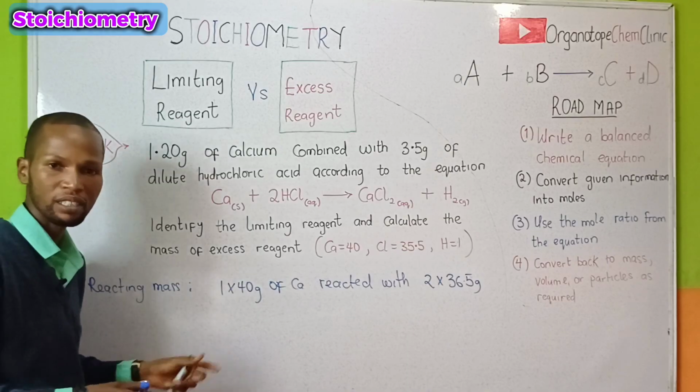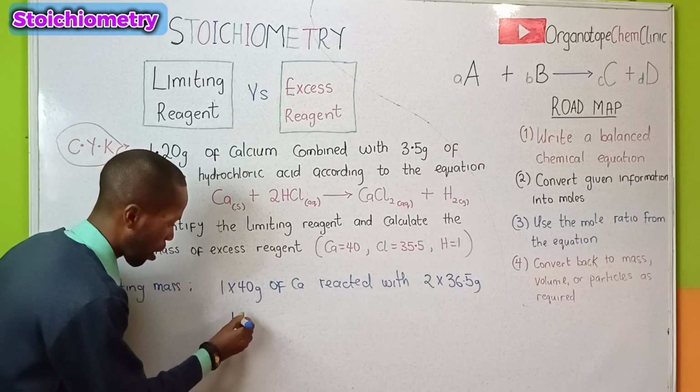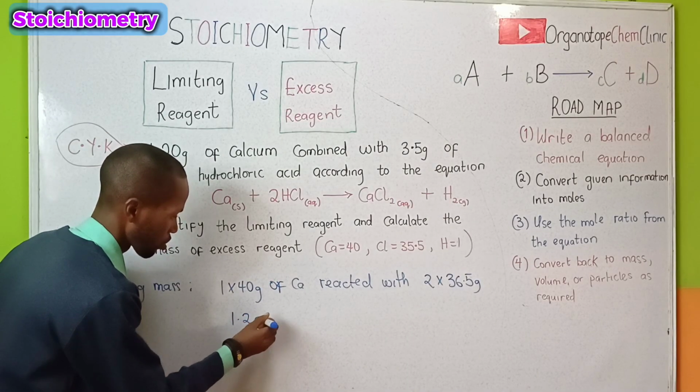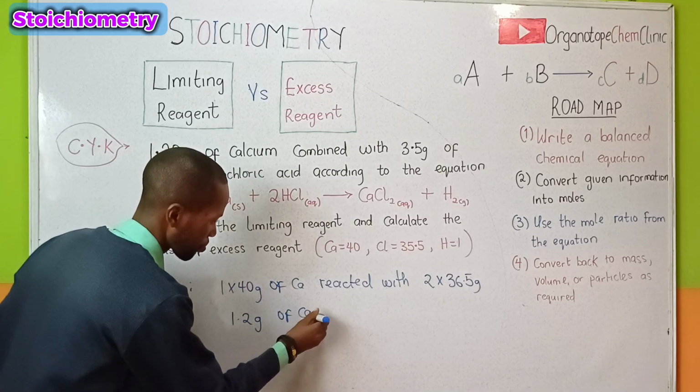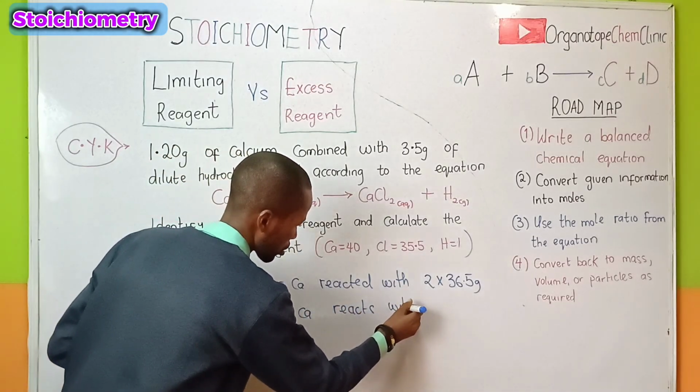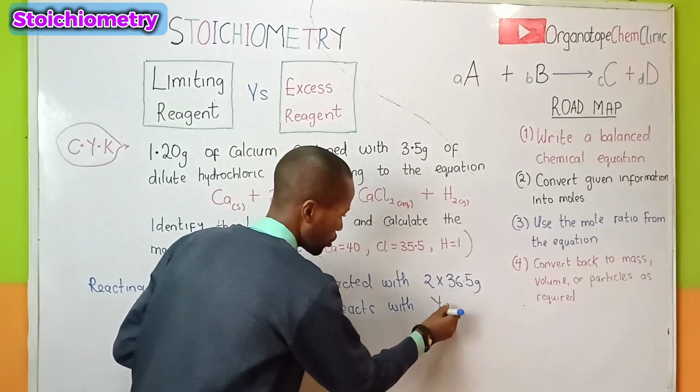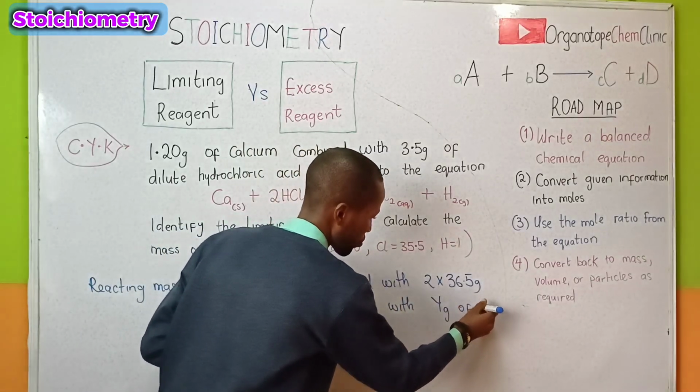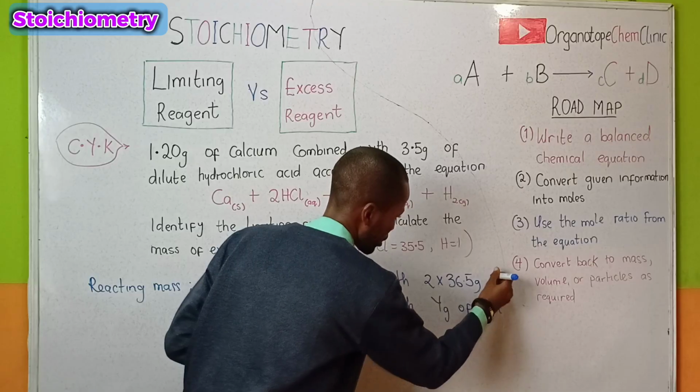So that is the next line. We have 1.2 gram of calcium reacts with unknown mass y of the hydrochloric acid.